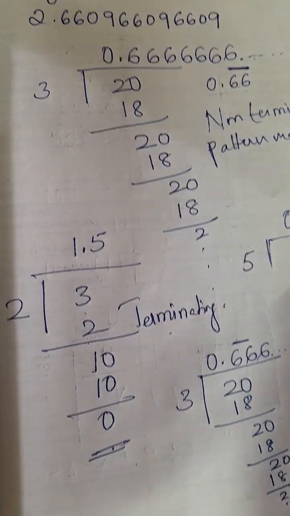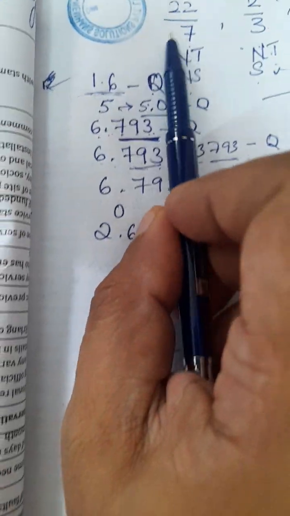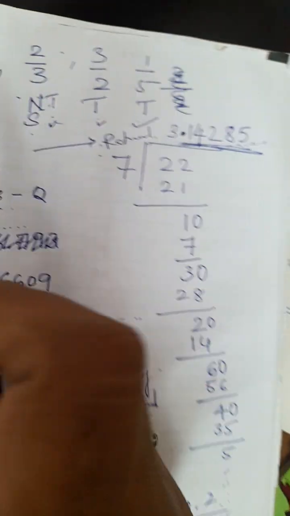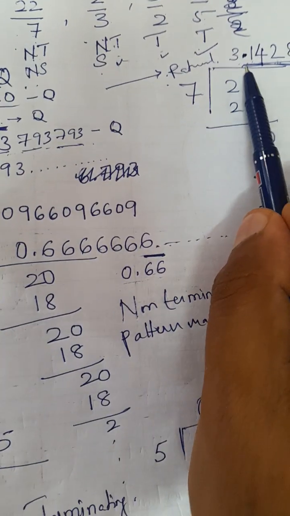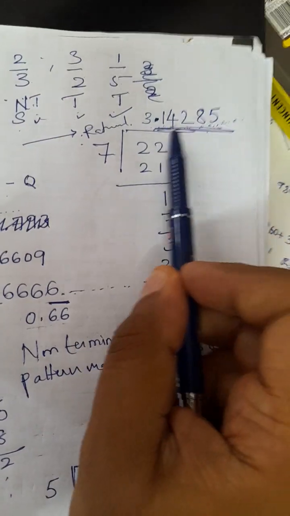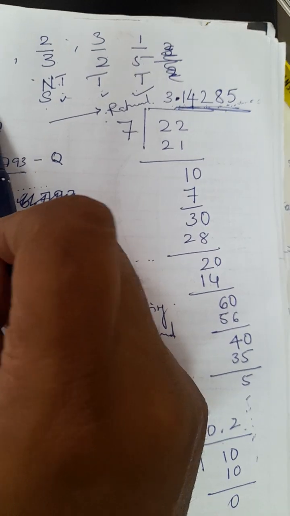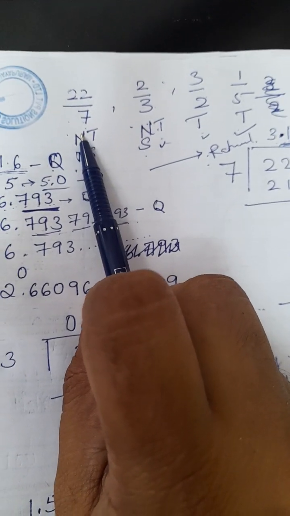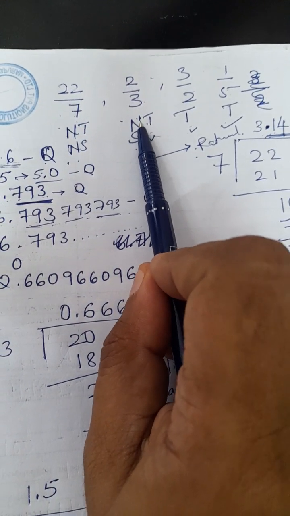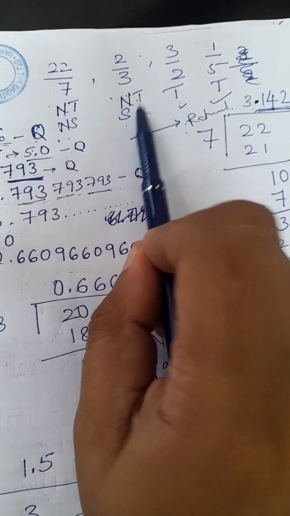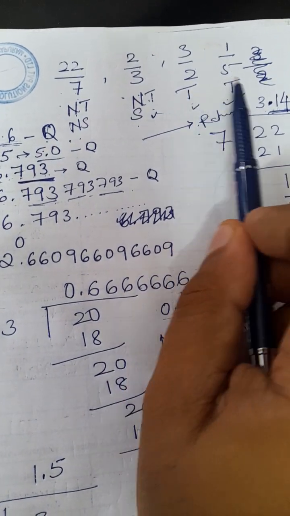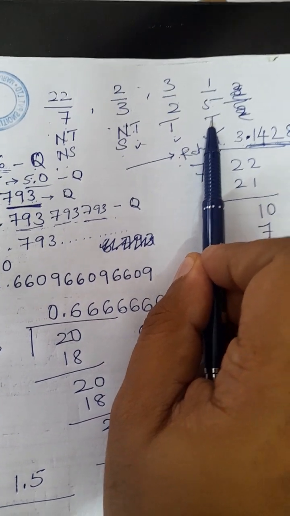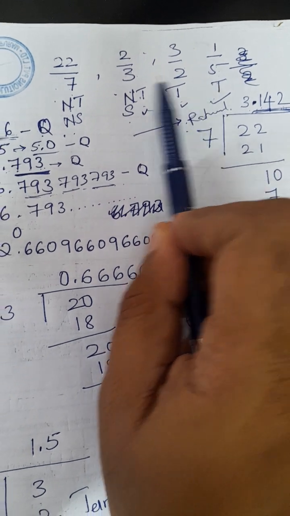That means 22 by 7 is non-terminating and non-repeating. That is why non-terminating and non-repeating fractions like this are called irrational. They qualify to be irrational numbers. If it is terminating, as in these two cases, they qualify to be rational numbers.